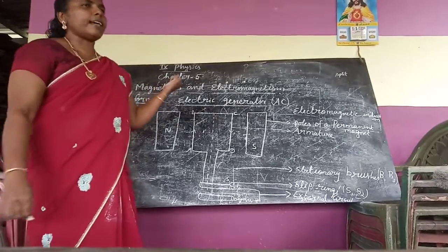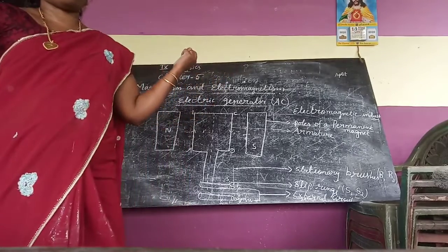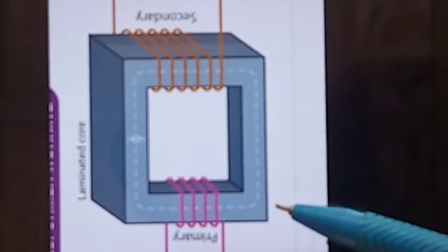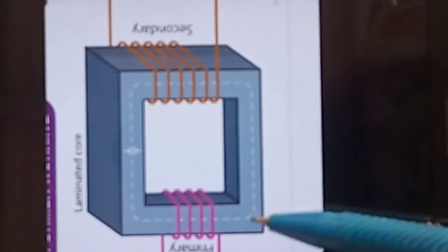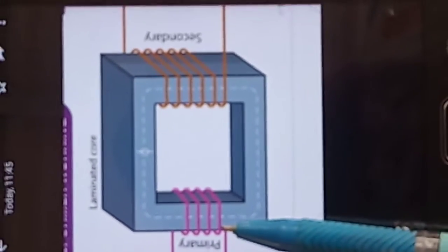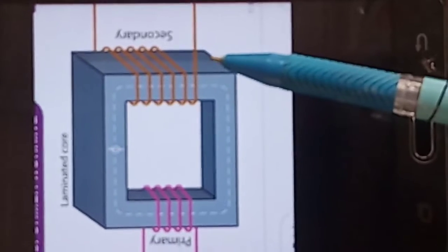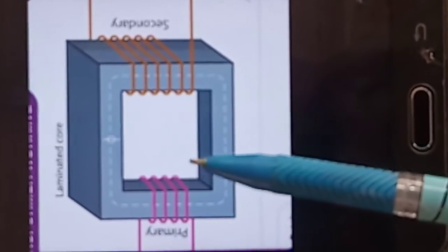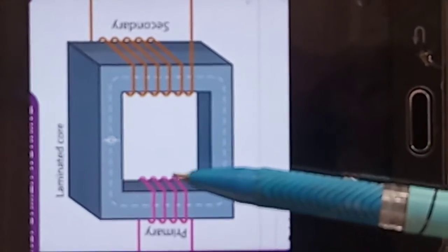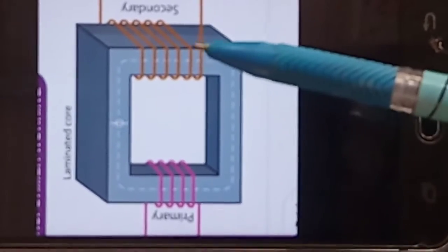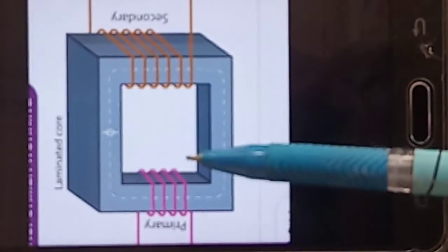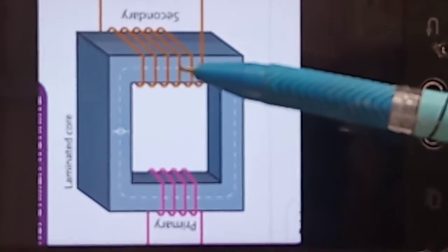Now we can see the diagram of the transformer. Look at this picture. It consists of two coils, primary coil and secondary coil. What is the principle used in the transformer? Electromagnetic induction.